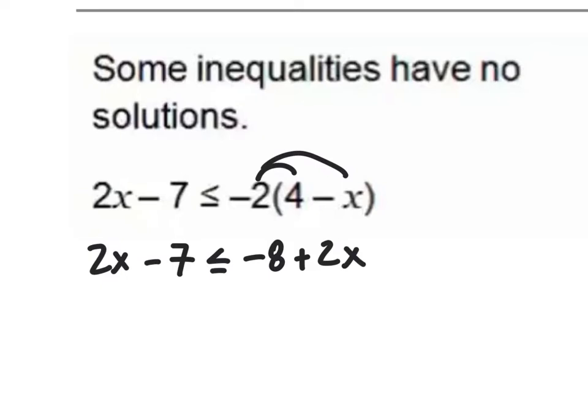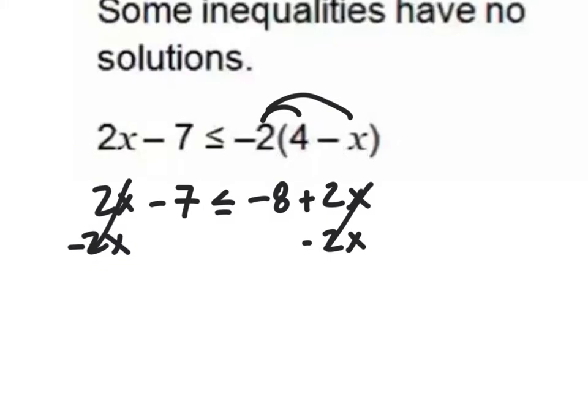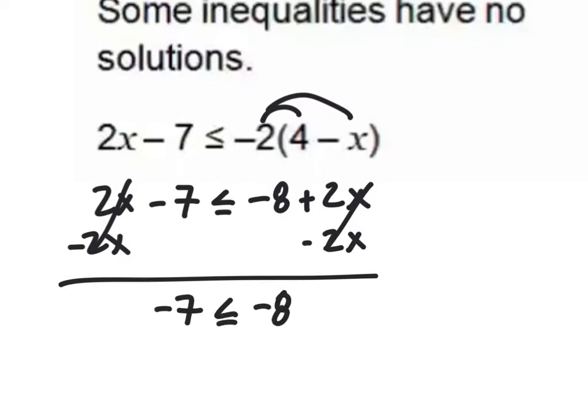If we subtract 2x from both sides, they cancel out, and you're just left with negative 7 is less than or equal to negative 8.